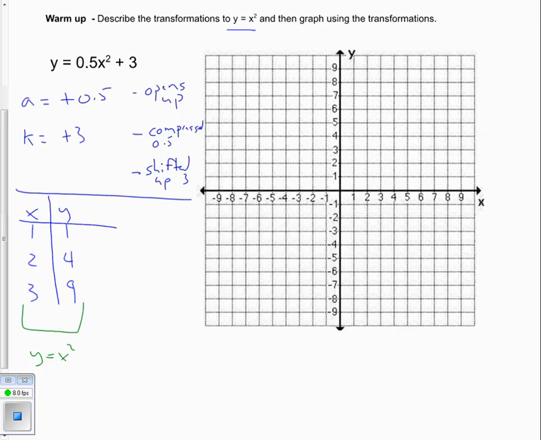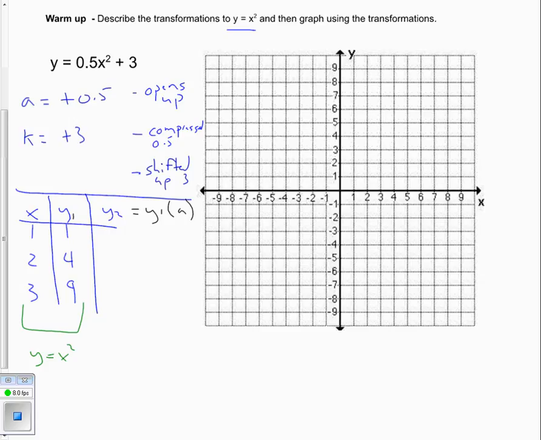So we need to figure out the new y value, which we're going to call y2. To figure out the y2 value, you take your y1 value and multiply it by the a value. So y2 equals y1 times the a value.